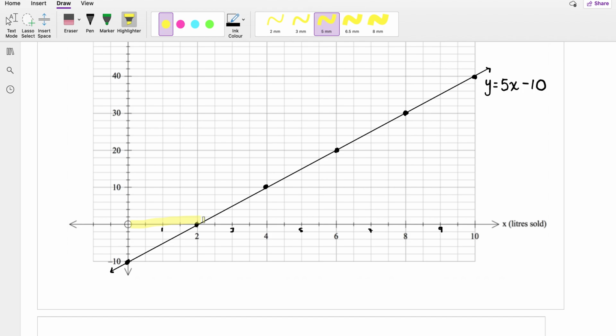So what is happening when I'm below the x-axis in this section that I'm coloring yellow? This is loss, isn't it? It's loss because I know that if I don't sell anything, I'm going to lose those $10. So those $10 means that I'm out of pocket $10 if I don't sell anything.